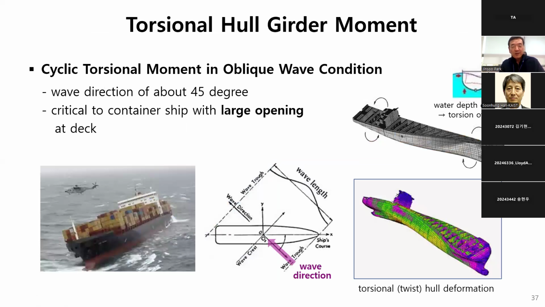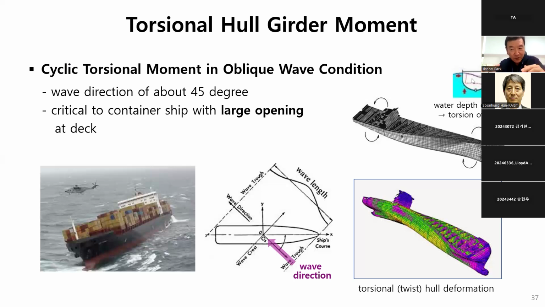Next. The third one is torsional hull girder moment. This loading condition is encountered in oblique wave conditions. In other words, waves come from about 45 degrees, like this. In this case, the water depths on the left and right sides are different.